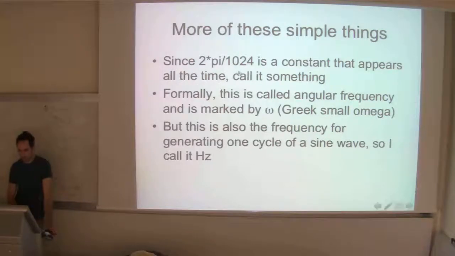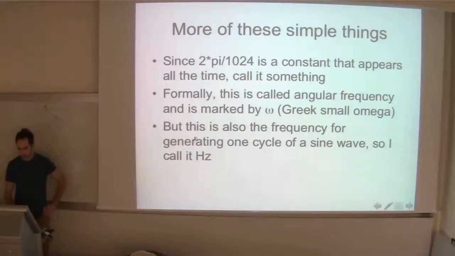Yes, so an easier notion is 2 times pi divided by the number of points. Instead of calling it this way, we're going to call it eventually hertz. Formally this is called the angular frequency and is marked by omega.